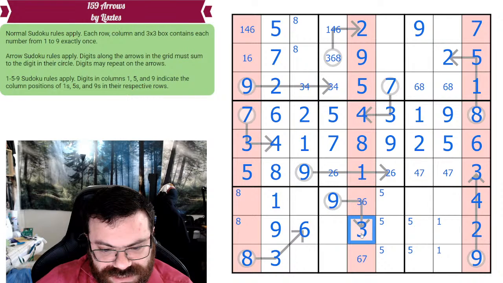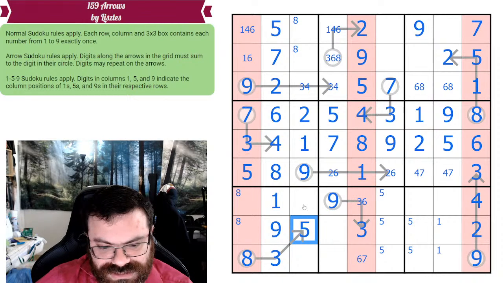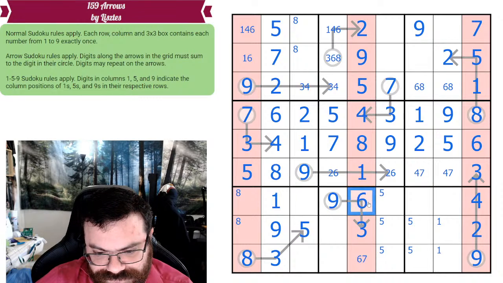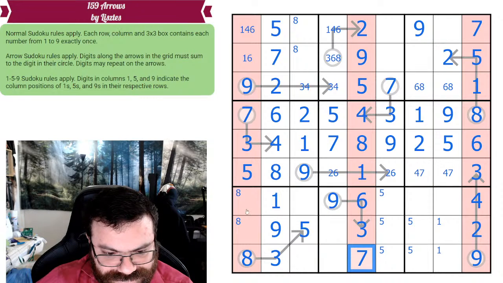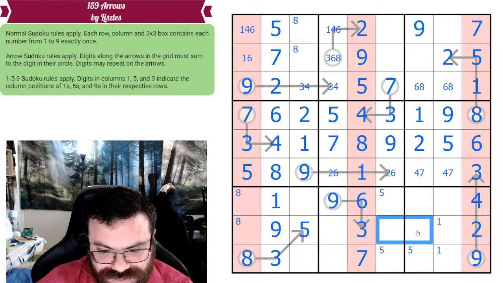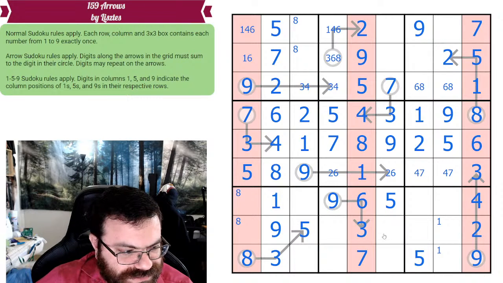This puts a 5. Whoa. Good thing that's a 5, not a 6. Alright, that's a 6, that's a 7. These aren't 5. The 7 puts the 5 here. 6 puts the 5 here.